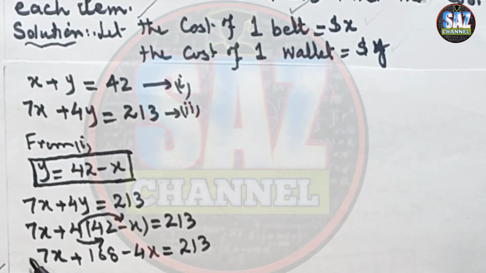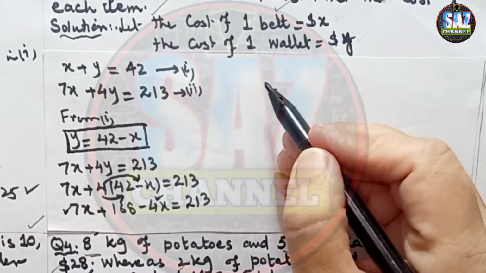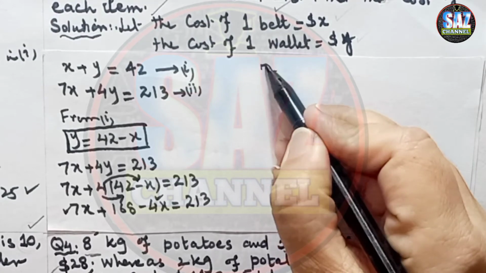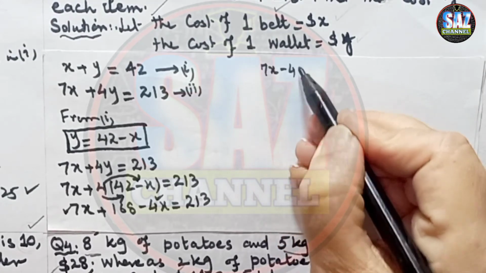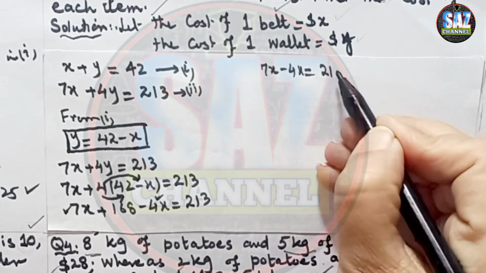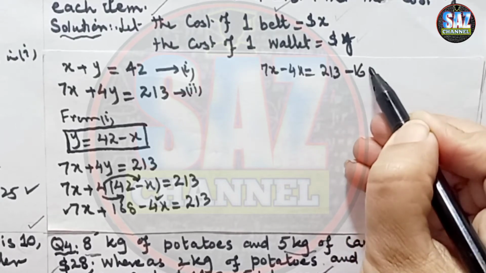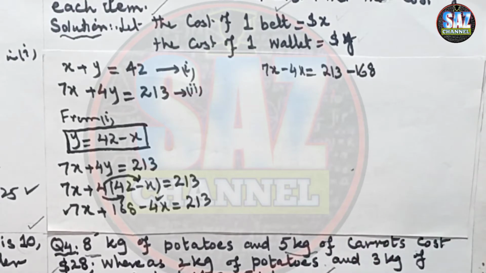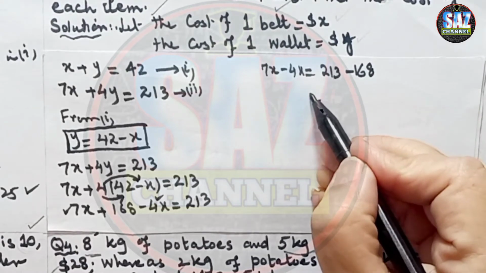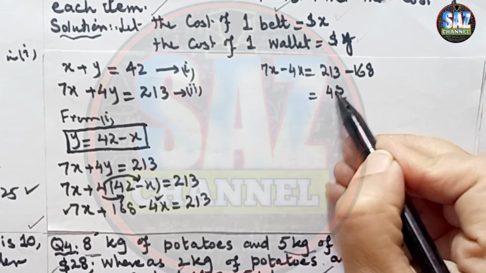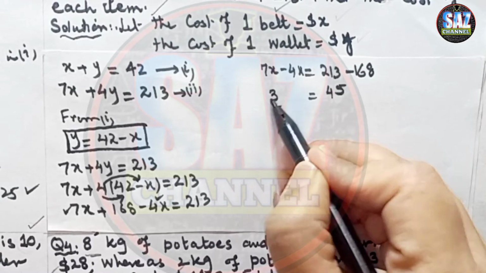Now we can see that 7x and 4x are like terms, so we can solve them together, and they will give me 7x minus 4x equals 213 minus 168. And when I take away 168 from 213, I will be left with 45. So 45, and 7 minus 4 will be 3x.